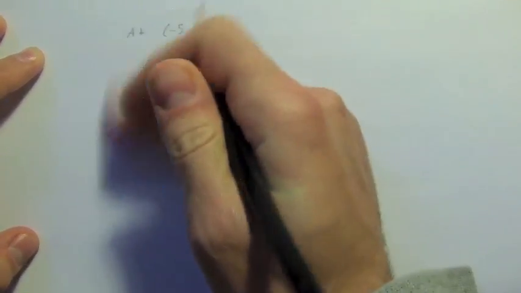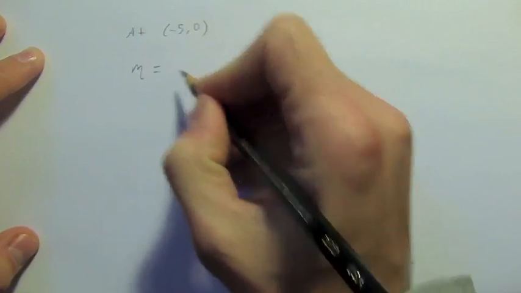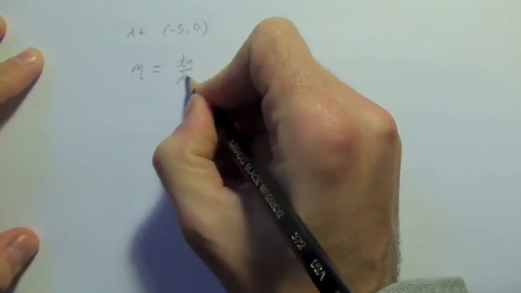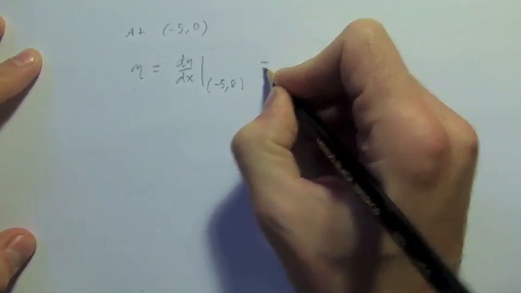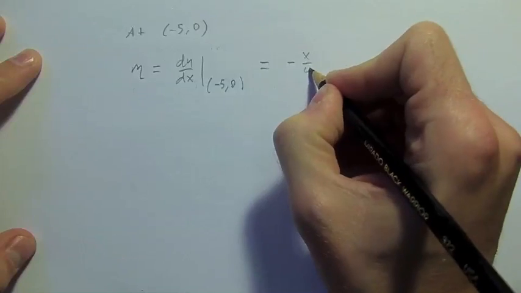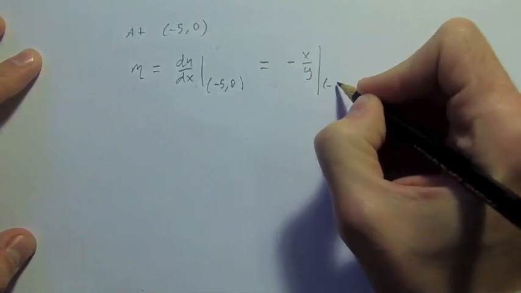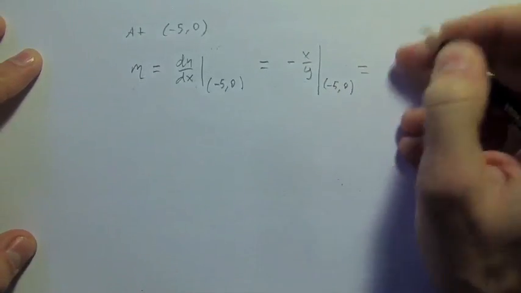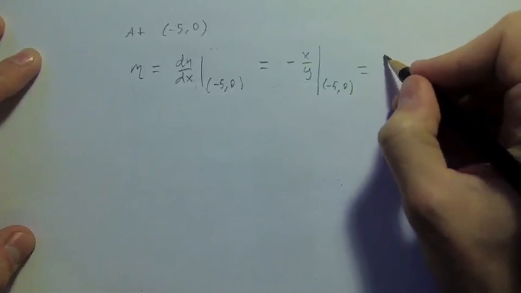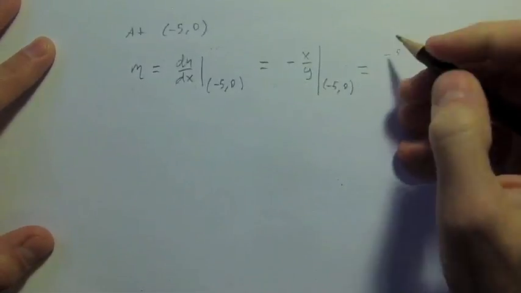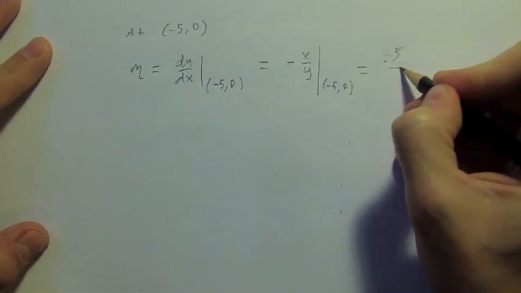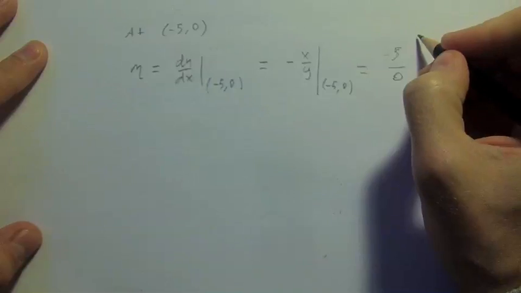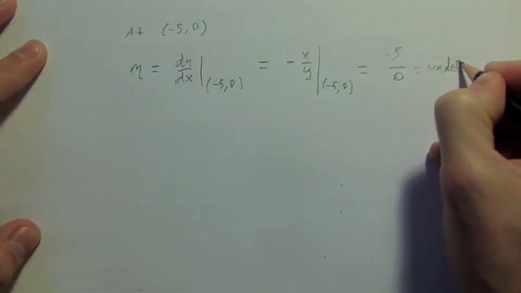So at -5, 0, the slope will be the derivative evaluated at -5, 0, which would be negative x over y at -5, 0, and when we plug this in, -5, well, the whole thing's negative, so that'll be positive 5 over 0, which is undefined.